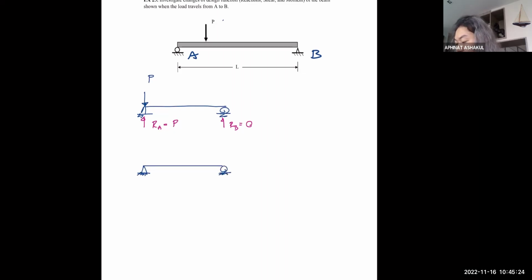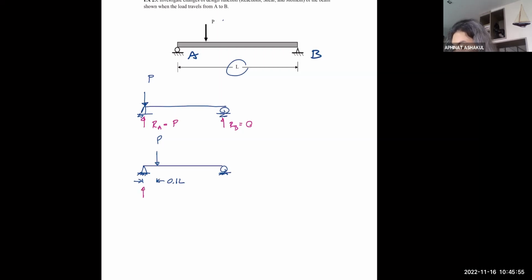But anyway, now let us move the load P out a little bit. Let me say this distance is 0.1 L. We move the load 10% of the span length. Remember the span length is L. I hope that you don't have to take moment every time you calculate the reaction, but if you have to, do it.